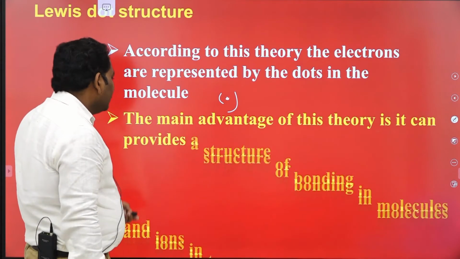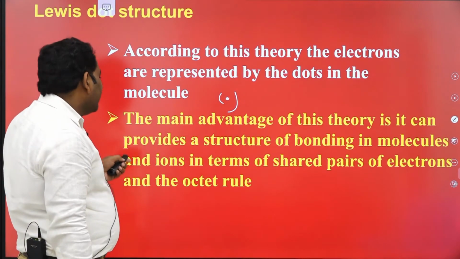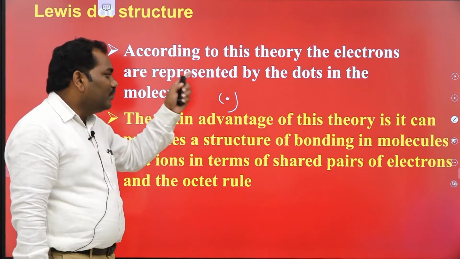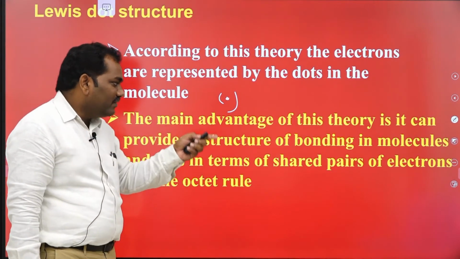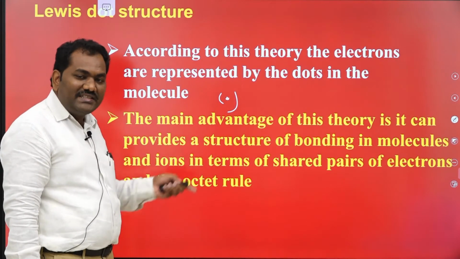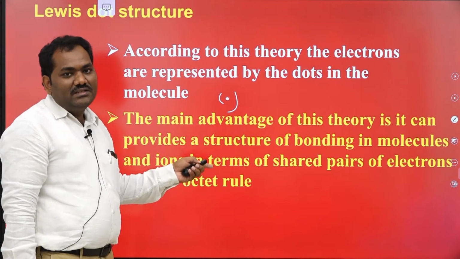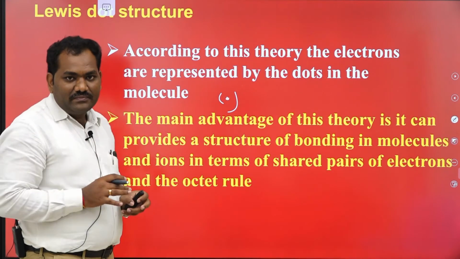The main advantage of this theory is that it provides a structure of bonding in molecules and ions in terms of shared pairs of electrons and the octet rule. It gives a complete structure of the molecule.